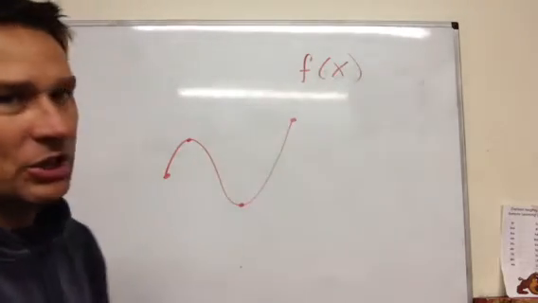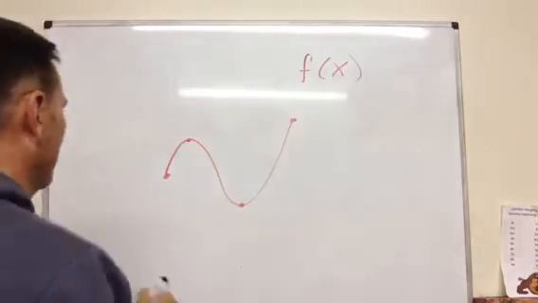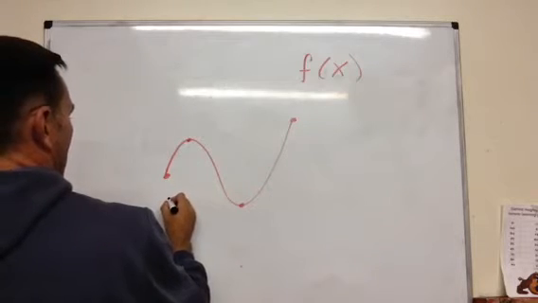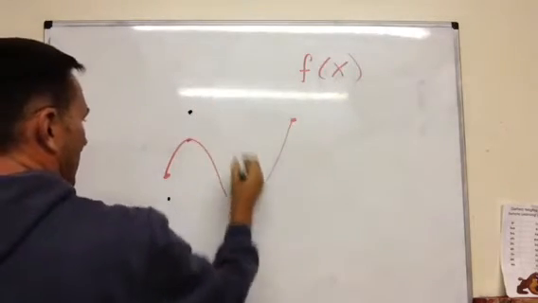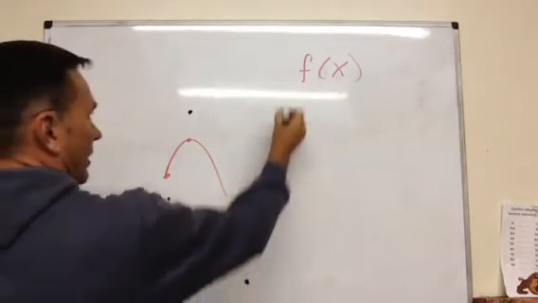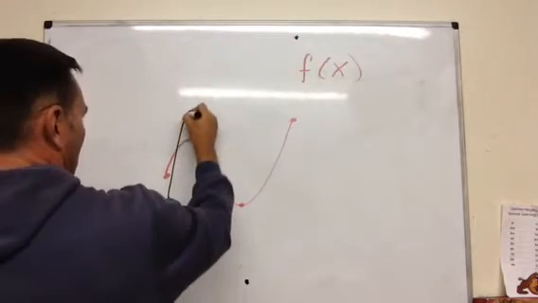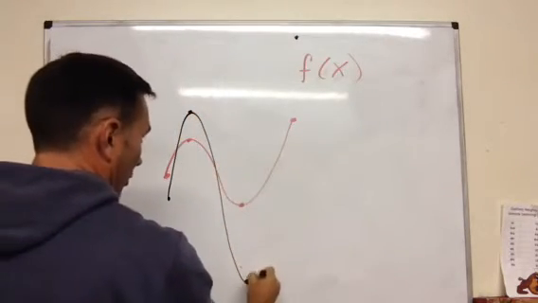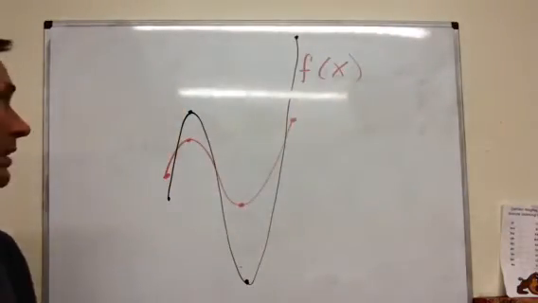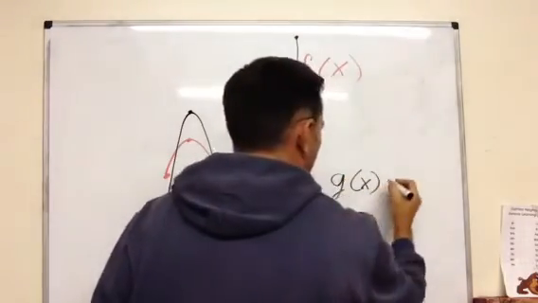And I want to stretch it by some quantity. So maybe this point is now down here, this point's up here, this is down here, and this one is up here. Well, now it looks like that. That's my g of x.